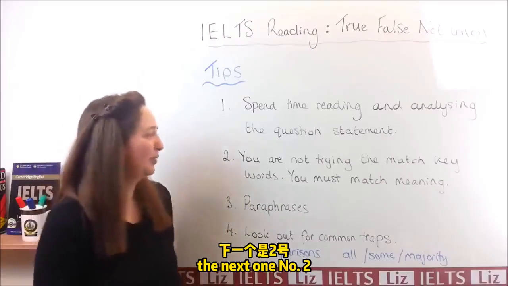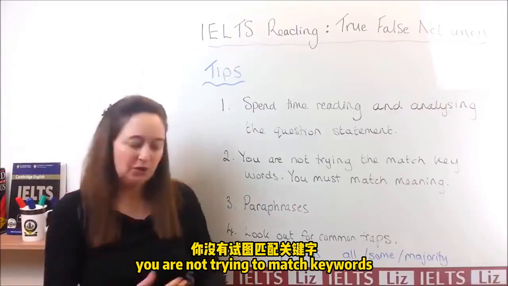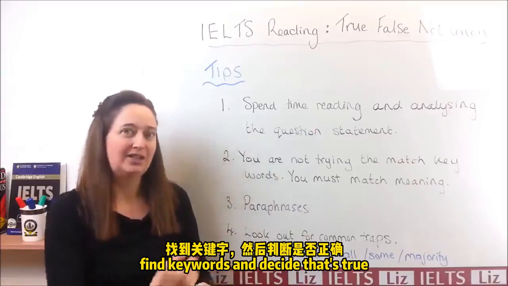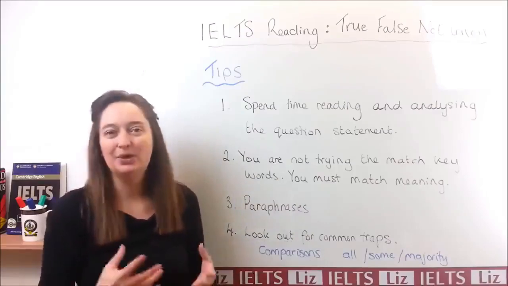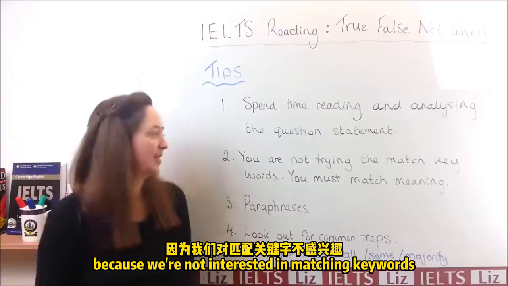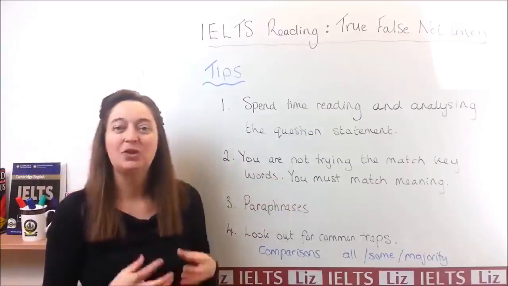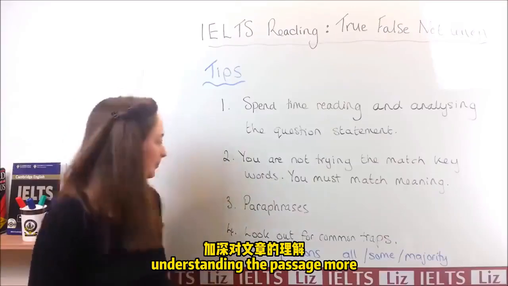The next one, number 2, you are not trying to match key words. You don't look at the statement, find key words and decide that's true or that's a yes answer. Because we're not interested in matching keywords. We're interested in matching meaning. So understanding the statement, understanding the passage more.